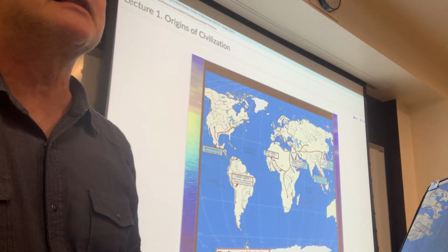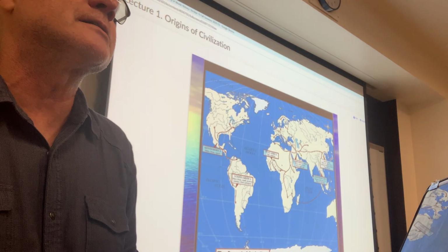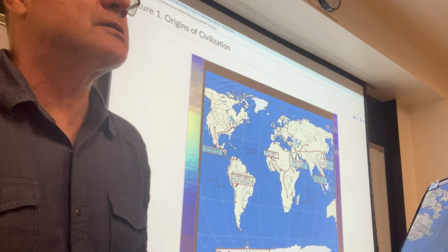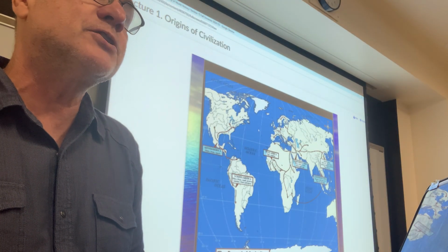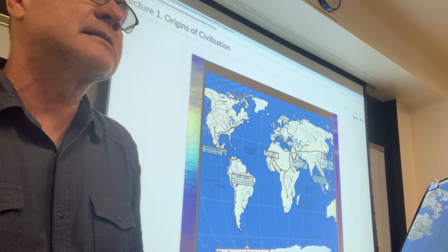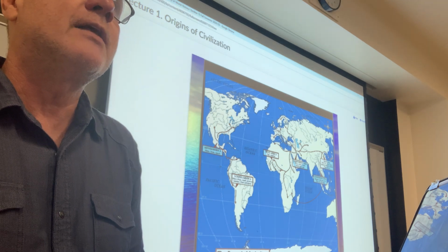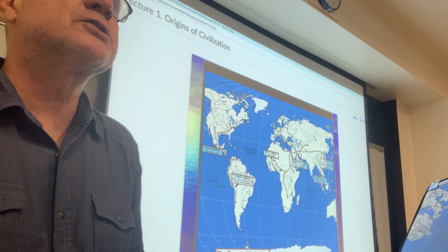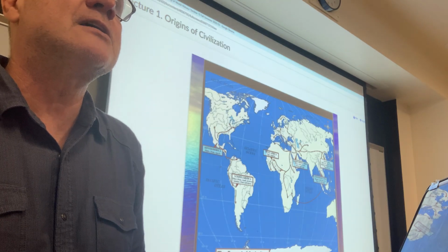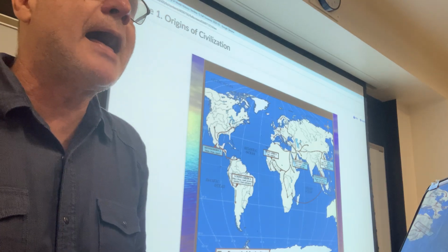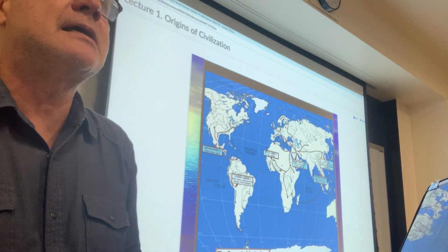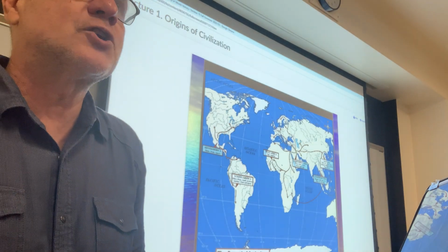So those civilizations in the Americas developed on their own because they were relatively isolated from Eurasia. They didn't have any access to the knowledge that old Eurasian and African civilizations produced, knowledge in mathematics, in medicine, in astronomy.